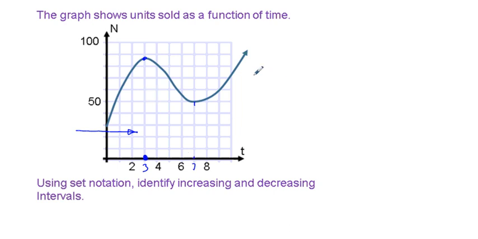Okay, so using set notation, we will say increasing on, meaning on the interval. It looks like, and we're talking about x values, x such that between x equals 0 and 3.